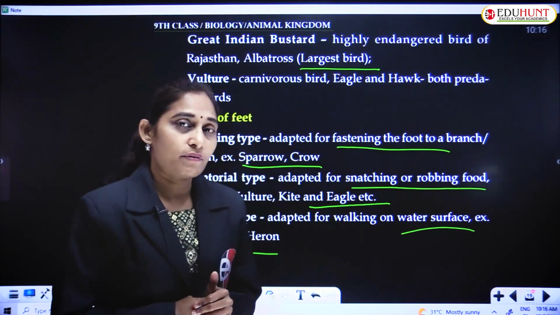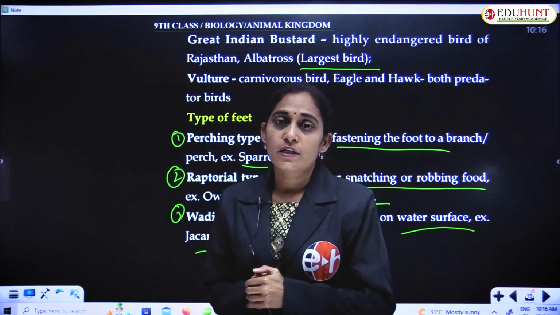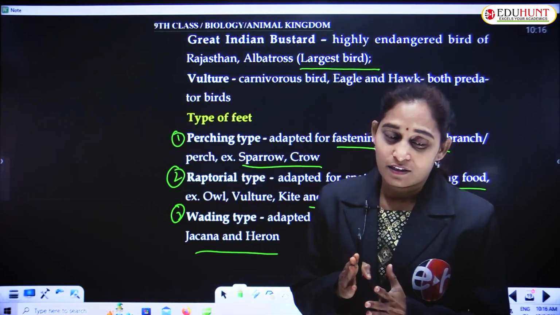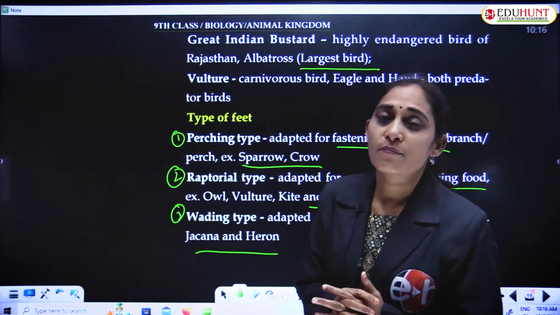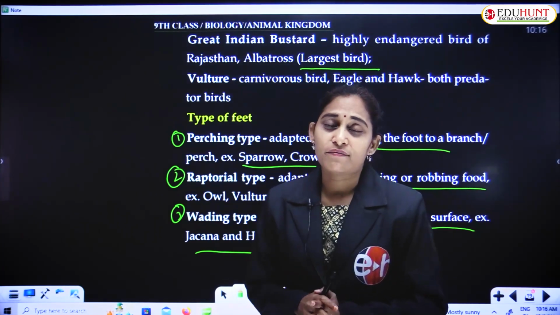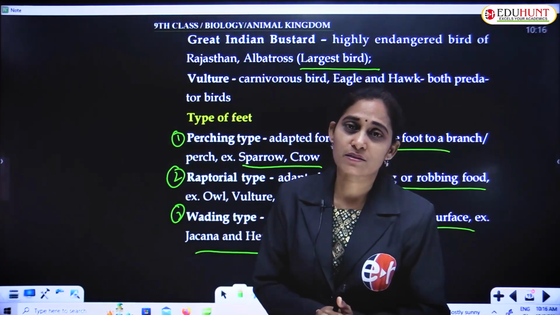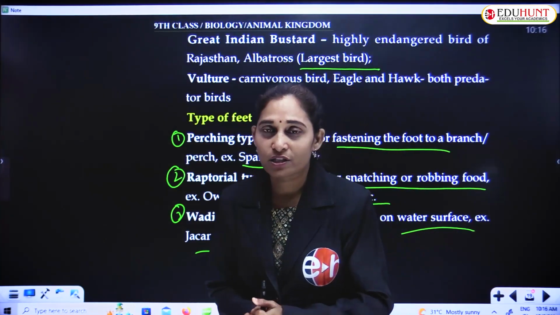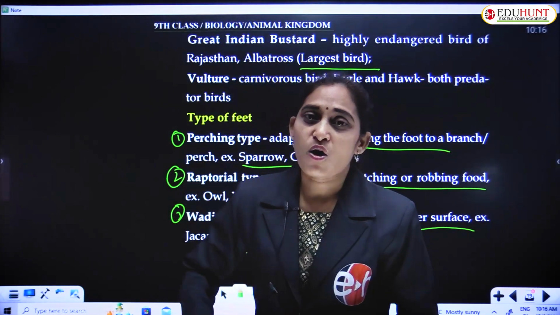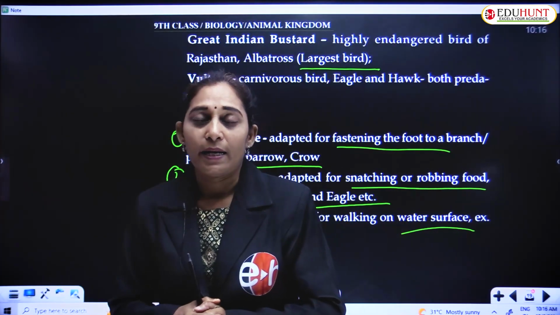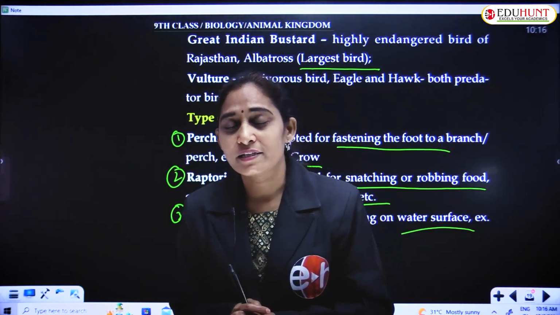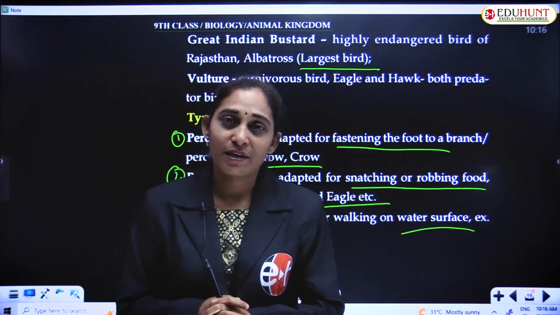In this session, we discussed the various classes, the super orders, that is the Aves. We have also seen some flightless birds like Struthio camelus, commonly called the African ostrich, which runs on the floor, and Rhea americana, which is found in America, so it is an American ostrich.